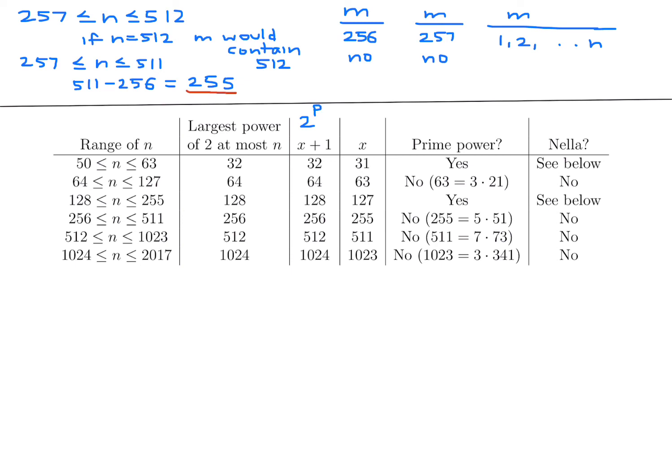And therefore, we have to see if this is a prime or not. Is it some prime q to the power of something? Okay, when we look at these numbers, this is a prime, and that's it. Those are the only two. So that means we are only going to be concerned with that range and that range.